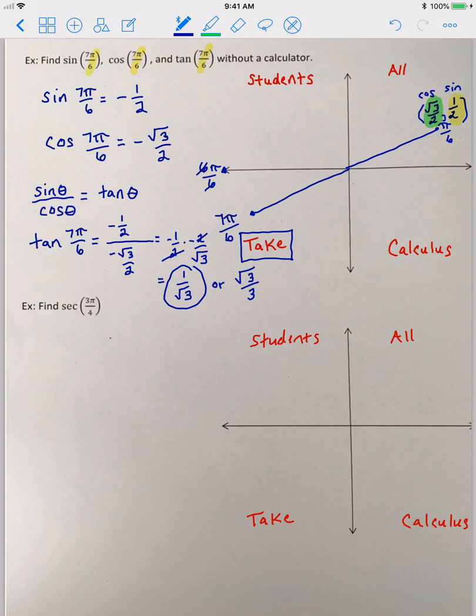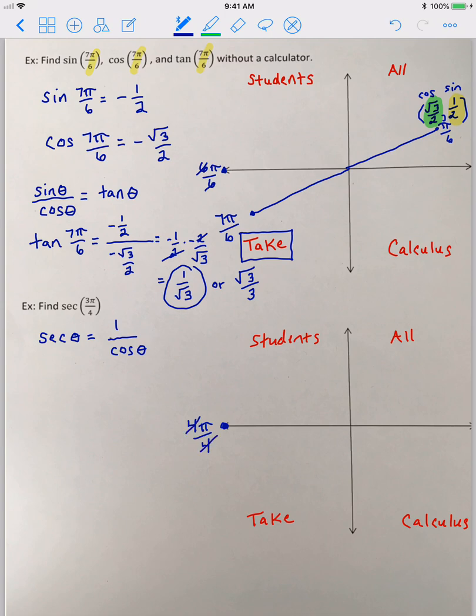Let's do another one. We want to find the secant of 3 pi over 4. So secant, if you recall, secant of theta is equal to 1 over whatever the cosine of theta is. So I'm going to figure out what quadrant 3 pi over 4 lands in. If I go all the way over to this point, this would be 4 pi over 4.